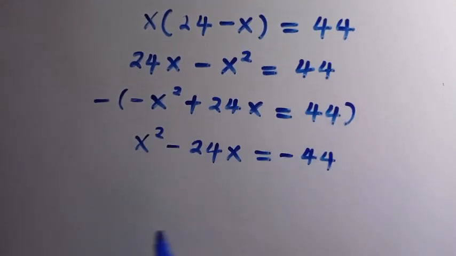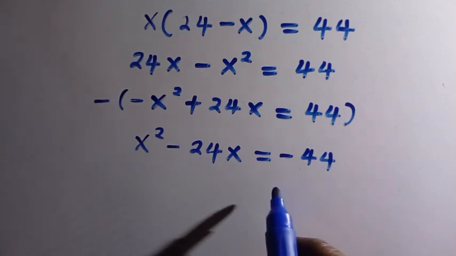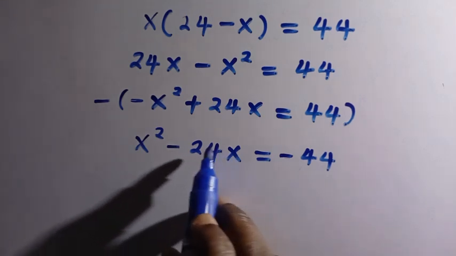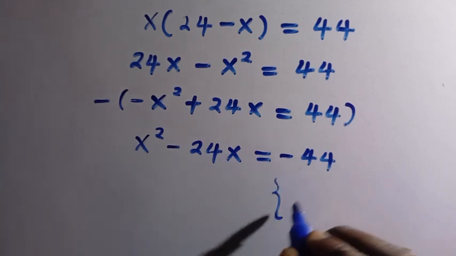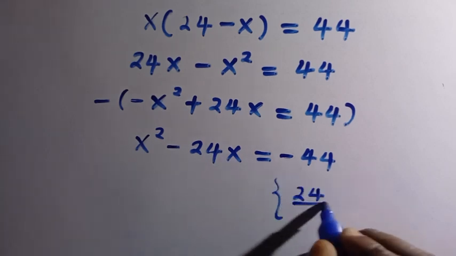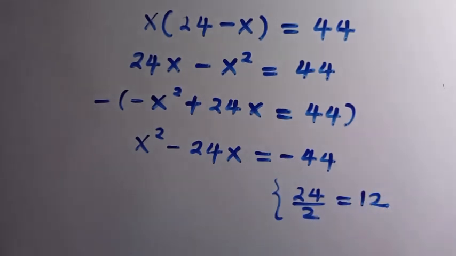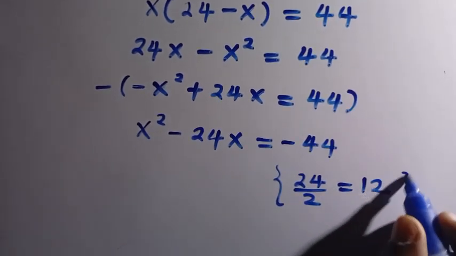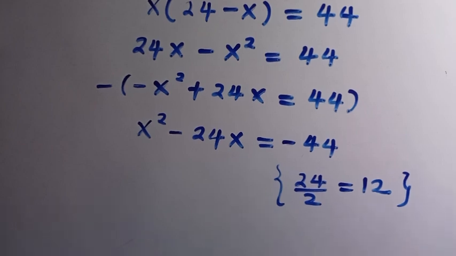And looking at this, here is a quadratic equation, and let's say we divide this 24 by 2, this equals 12. And when we square 12, we have 144.